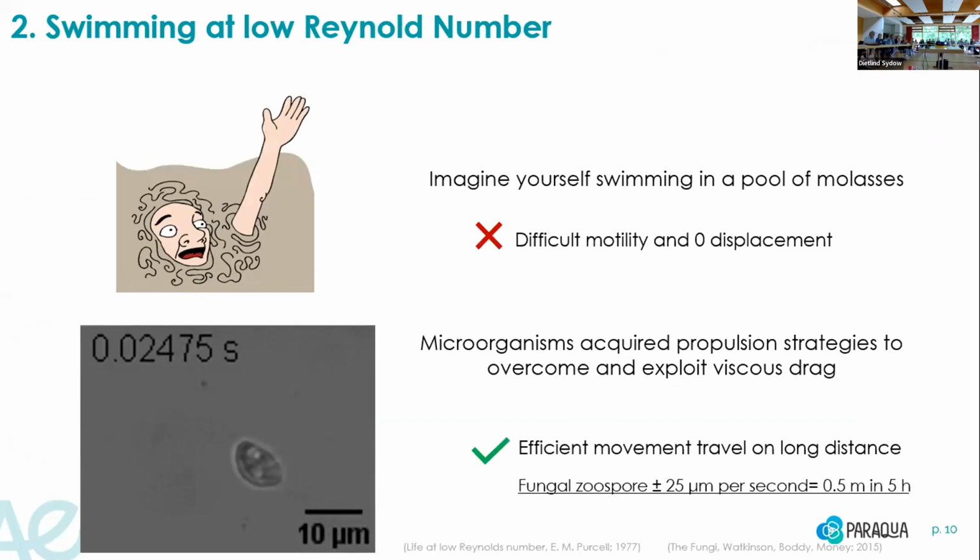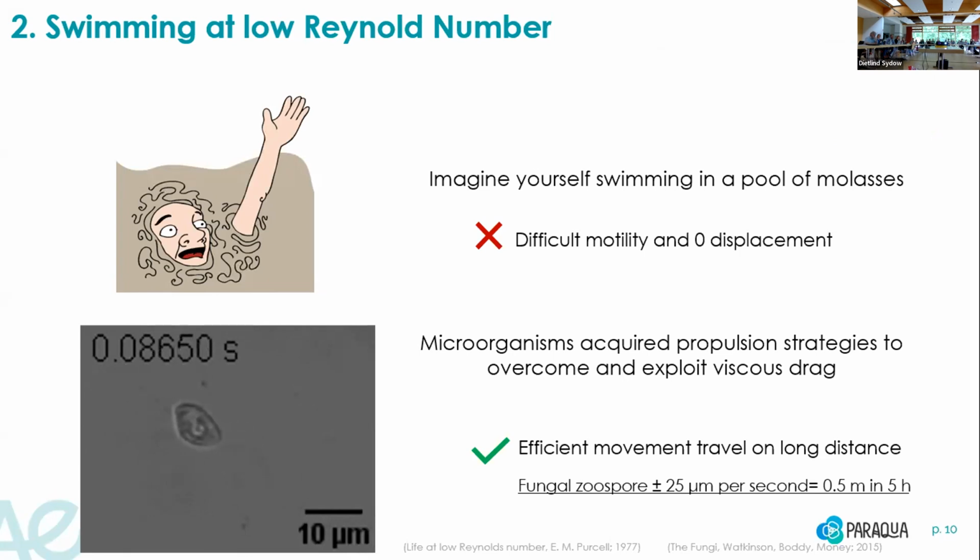To be more concrete, what does it mean to move in a no-inertia condition, where viscous forces dominate over inertia? More or less, it is the case of you swimming in a pool of molasses.